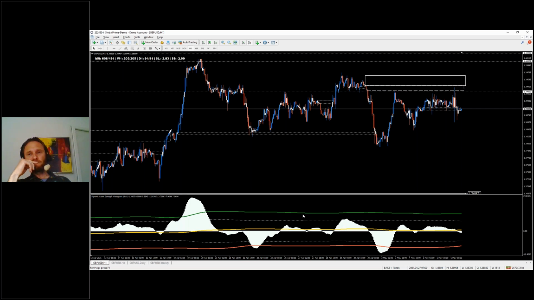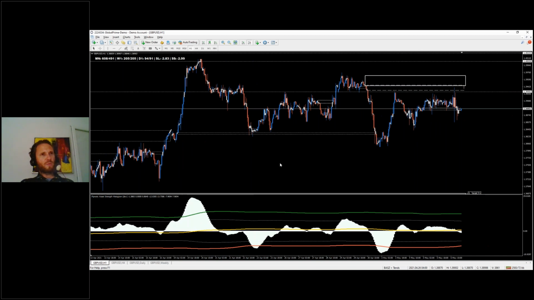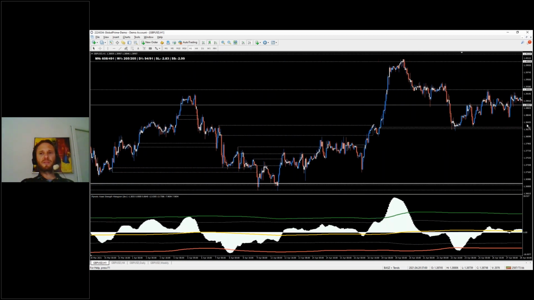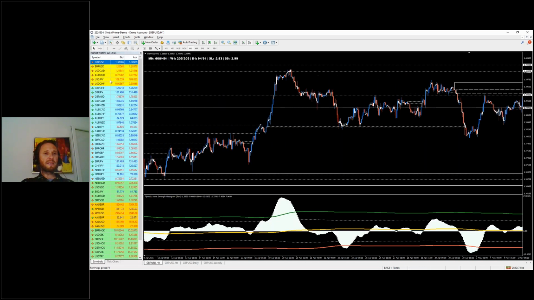Several people have asked how the asset strength is calculated. Is there something you can say a little bit more about? Yeah, sure. For a currency pair like this one, the British pound, American dollar, I am looking at all British pound crosses. So here we have the pound American dollar, the pound yen, Aussie CAD, Kiwi, and all of the other ones.